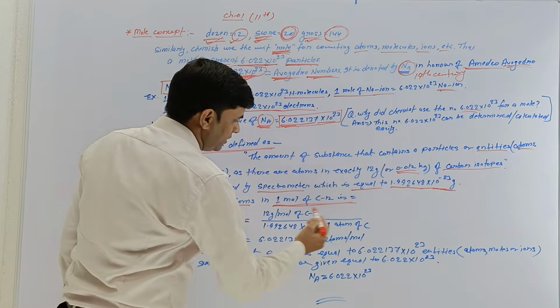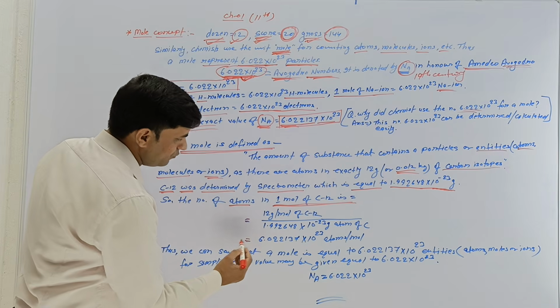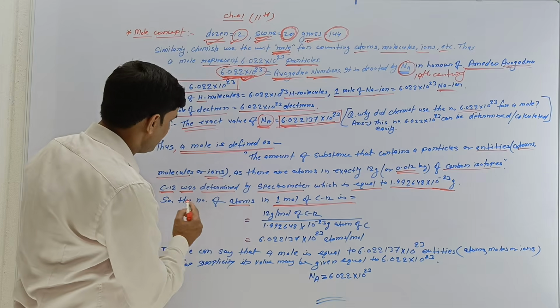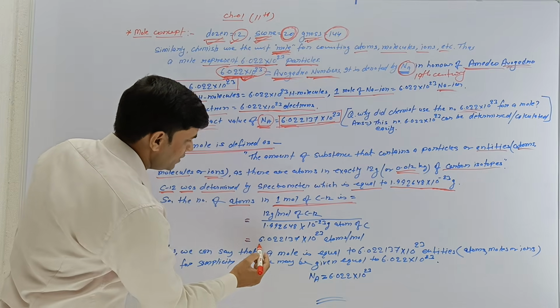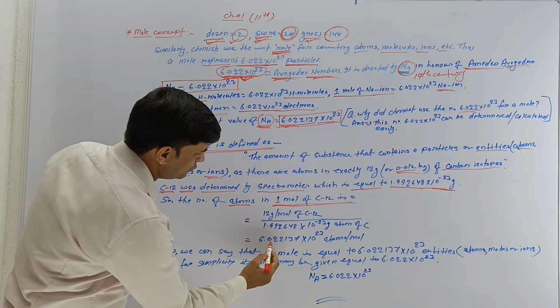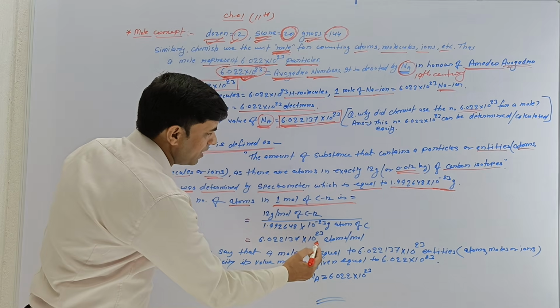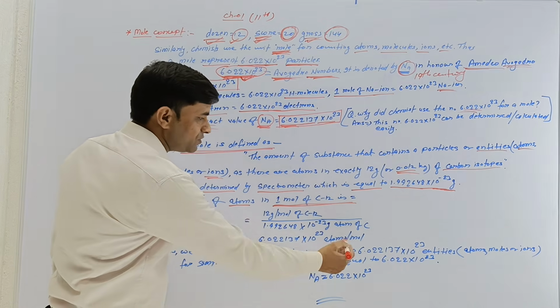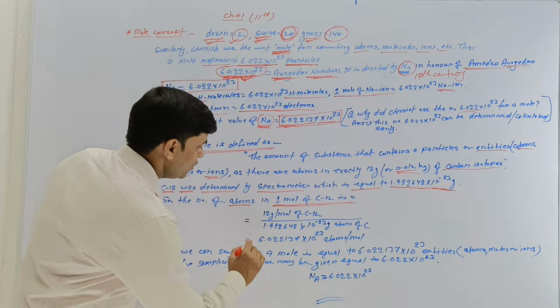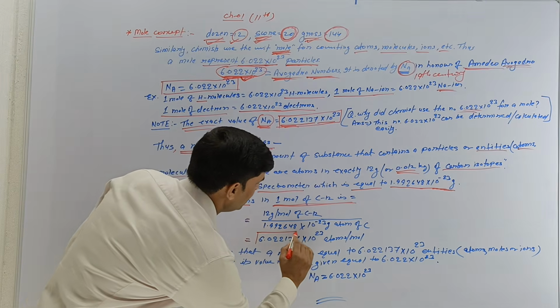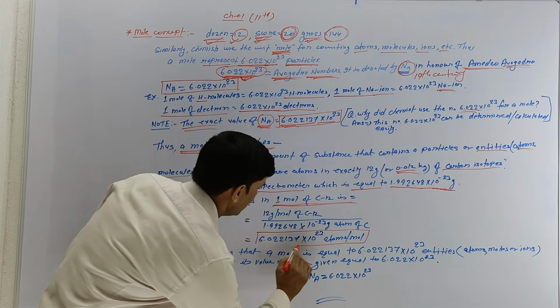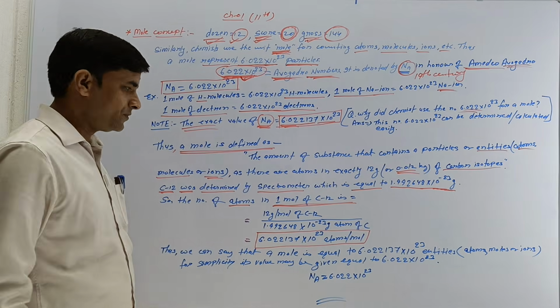If we calculate this value, we get 6.022137 into 10 to the power 23 atoms per mole, which is the exact value of the Avogadro number.